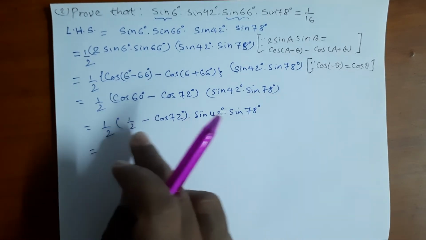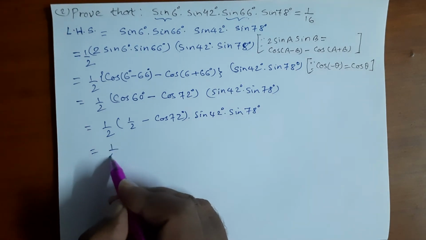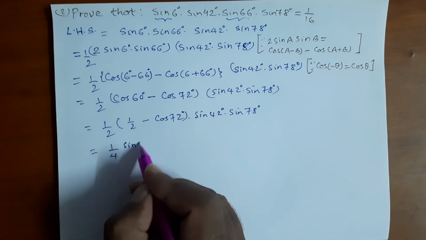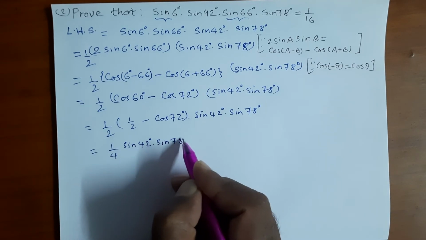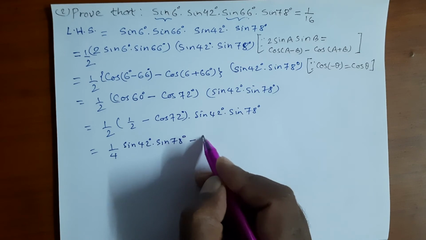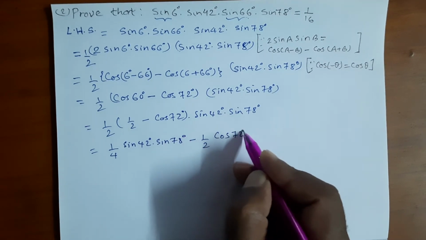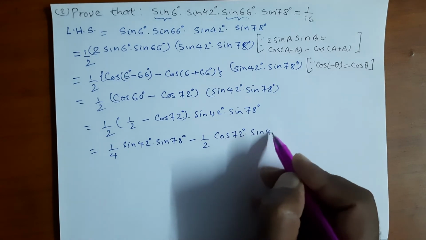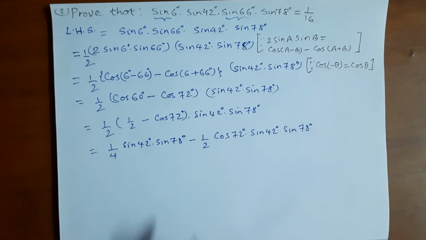and this also multiplies this at the same time. So 1/4 sin 42 degree sin 78 degree minus 1/2 cos 72 degree sin 42 degree sin 78 degree.